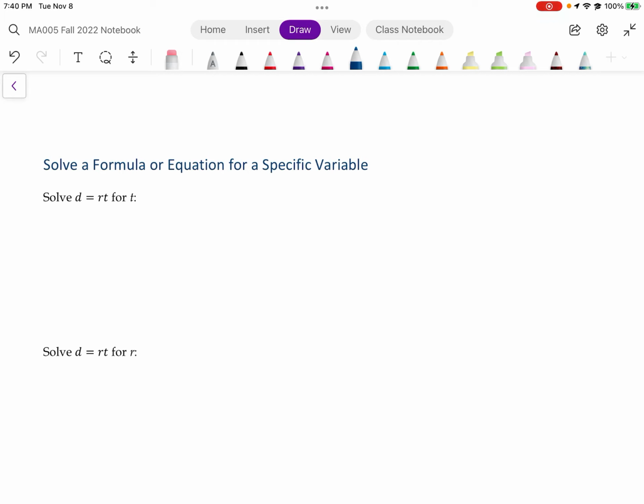So the first thing we're going to do is solve the D equals RT equation for T. Often what I recommend doing is highlighting the thing you're looking for, circling it, underlining it, putting a box around it, whatever, so you can keep track of what it is that you're trying to find, and it's asking us to solve for T. So I'm going to divide both sides by the thing that T is multiplied by, and that is R. It's going to cancel out here, and we get the T all by itself, so T equals D over R. So there's a formula for us that's all rearranged.